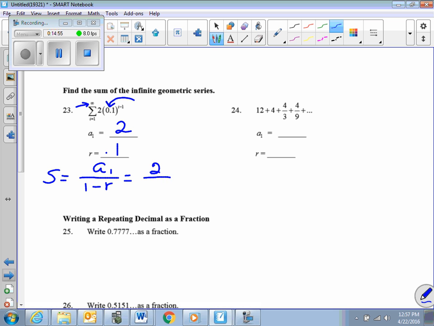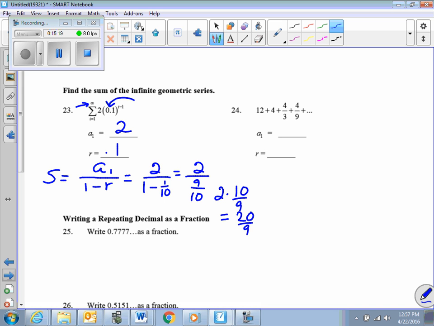So it's 2 over 1 minus 0.1. I'm actually going to rewrite that as 1/10, that way I can do it better as a fraction. So that's 2 over 9/10, right? Which is 2 times 10/9, which is 20/9.